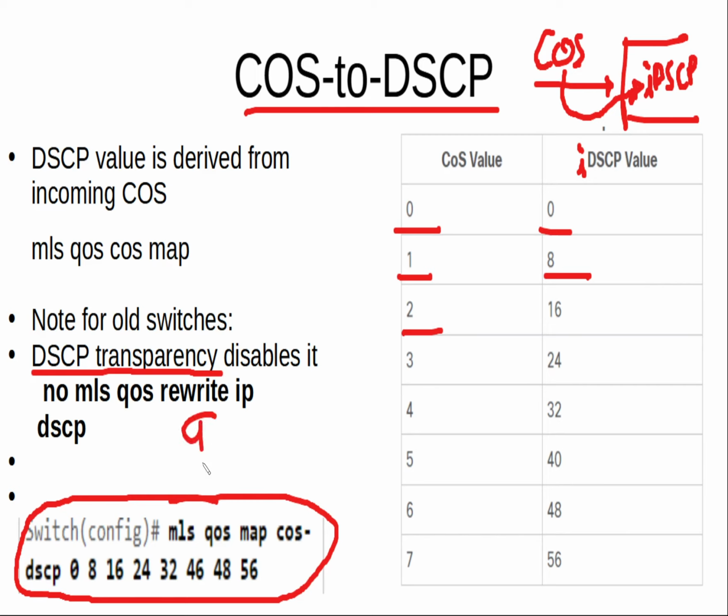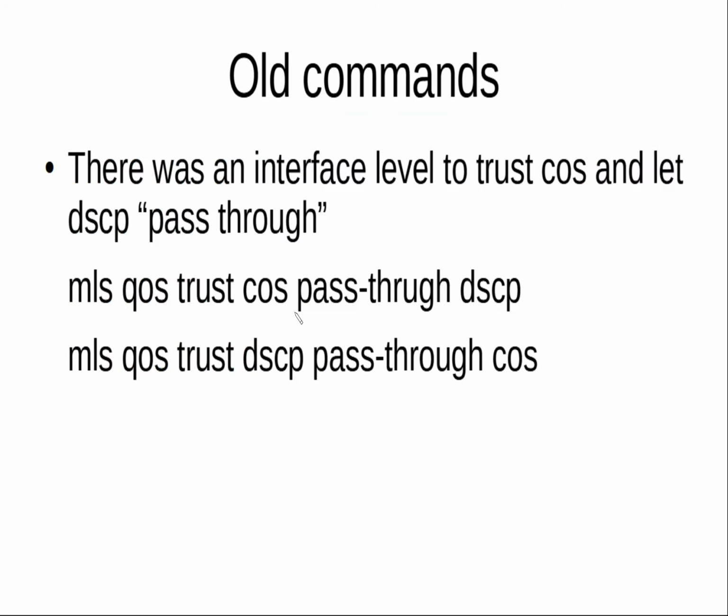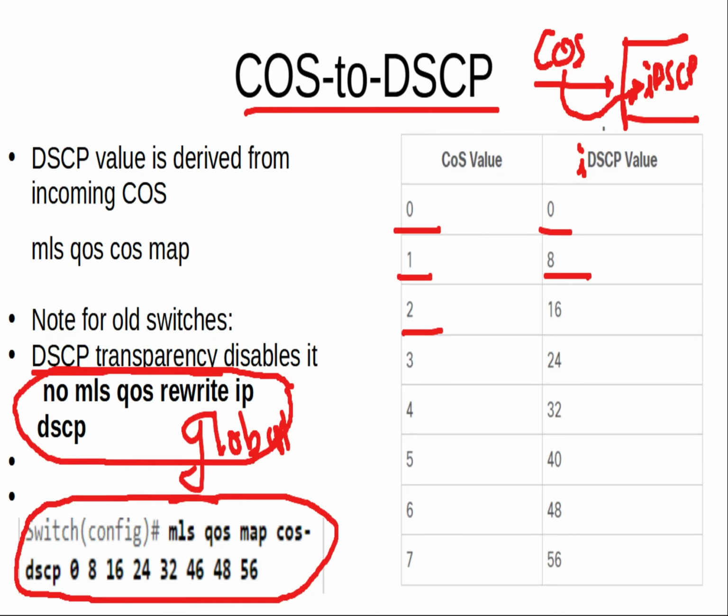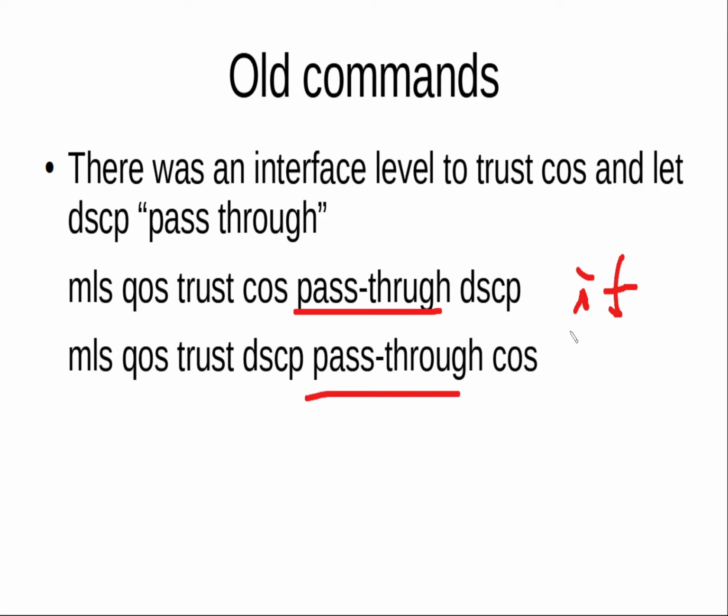So you can use this global command to prevent your switch from rewriting the DSCP value of packets that enter your switch. You can also use this command at interface level. So this is a command that works at global level. This command works at interface level.